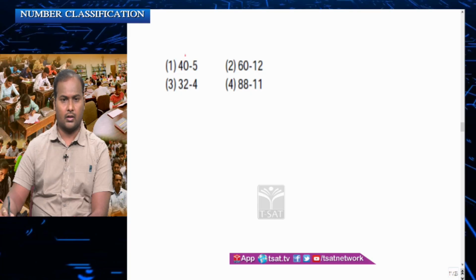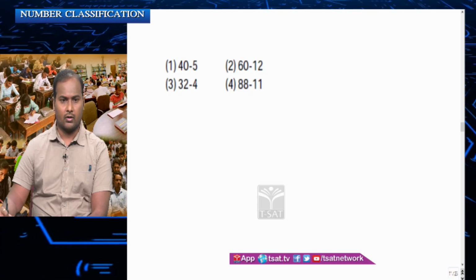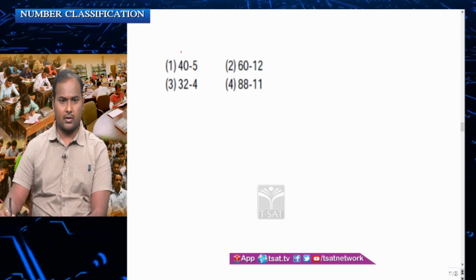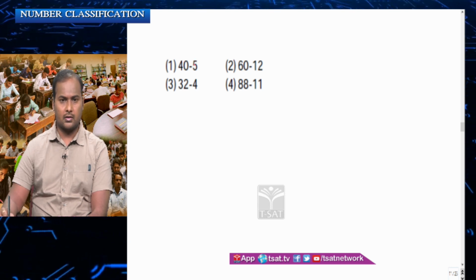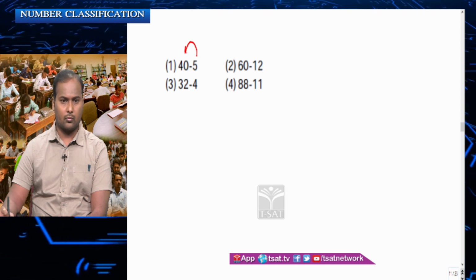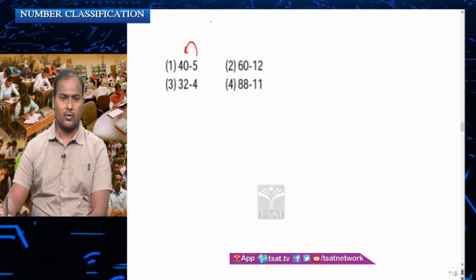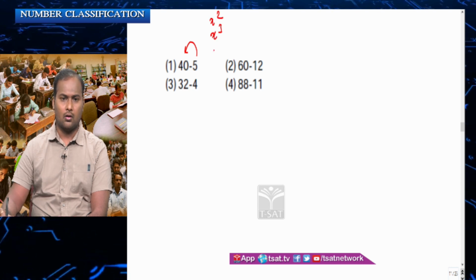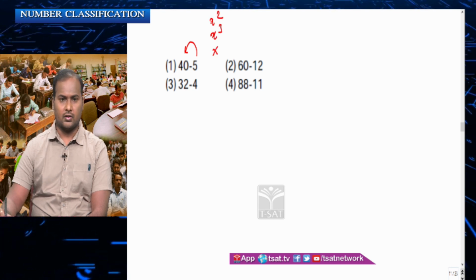See the next question. In this case, 540, 1260, 432, 1188. The moment I see this, 5 is a small number and 40 is a big number. Obviously, if I want to move from small number to big number, what are the possible ways? The possible ways are either square, cube, or multiplication. So these three you have to remember.